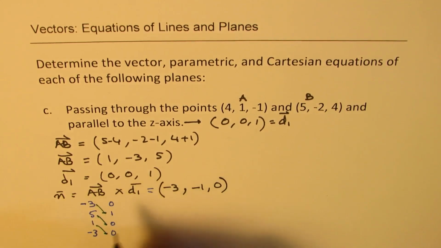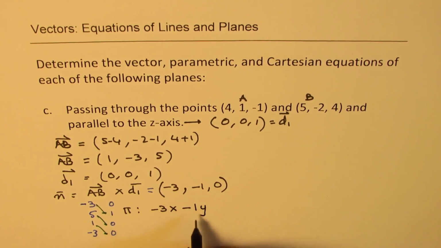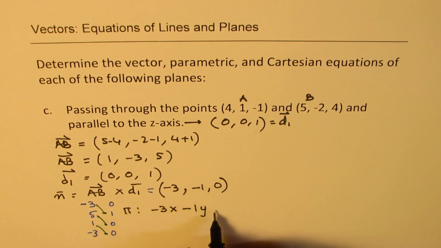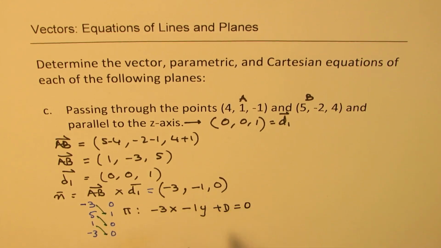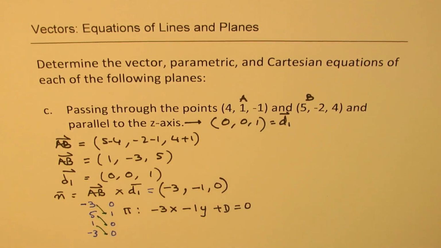So this is much simpler. So we get our plane pi in Cartesian equation. We could write this as A is -3, x, -1, y. The z value, there is no need to write 1, of course, plus d equals 0. To get the value of d, I'm going to use one of these points. (4, 1, -1) is the choice.